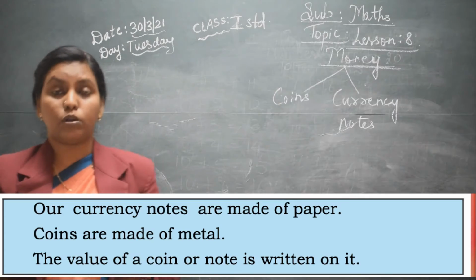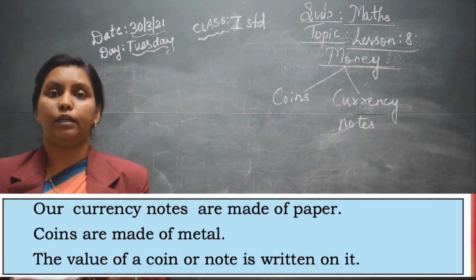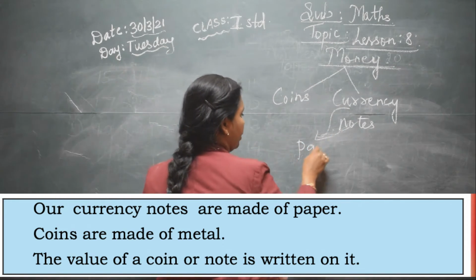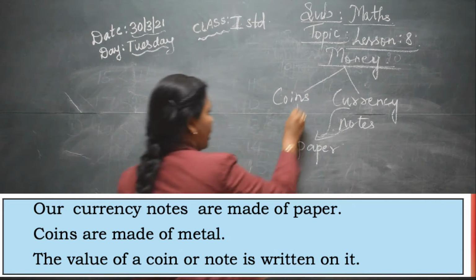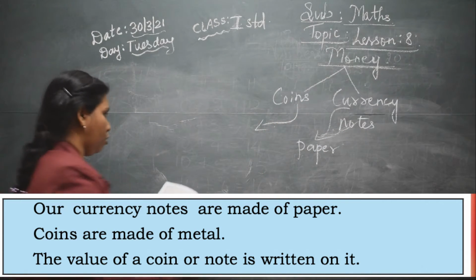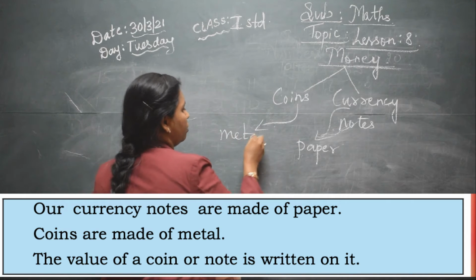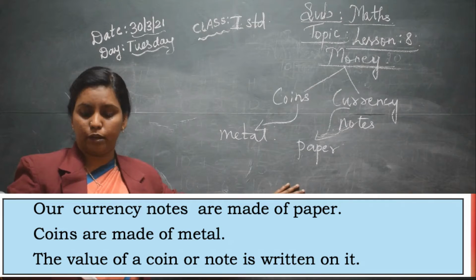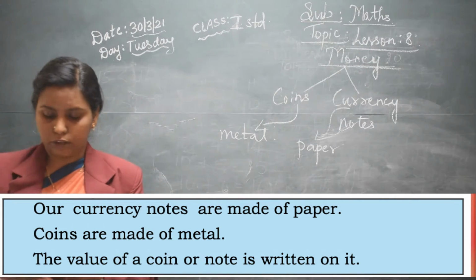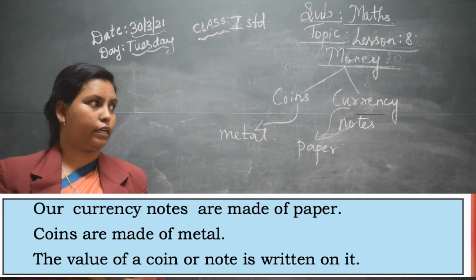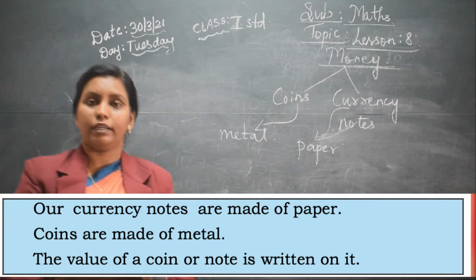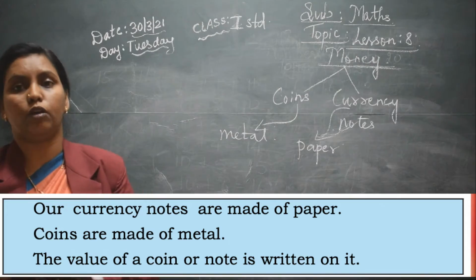And our currency notes are made up of paper, and these coins are made up of metal. The value of a coin or note is written on it. The number which is written on the coin and currency note shows on the face of the coin and currency note.